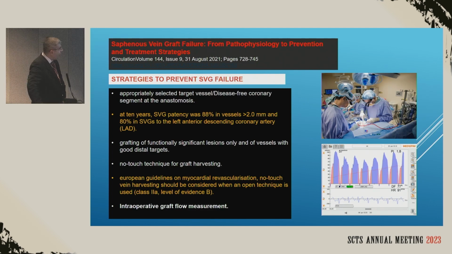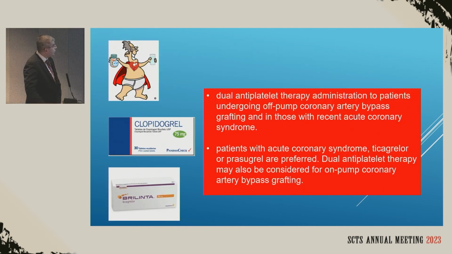No-touch technique for graft harvesting, and use of intraoperative graft flow measurements, like after mitral valve surgery, we use TOE to assess our results. I see no reason why we shouldn't use this routinely after heart operations, after CABG.